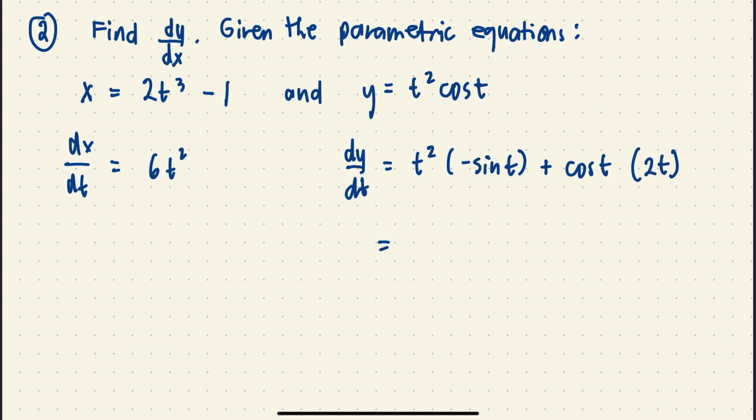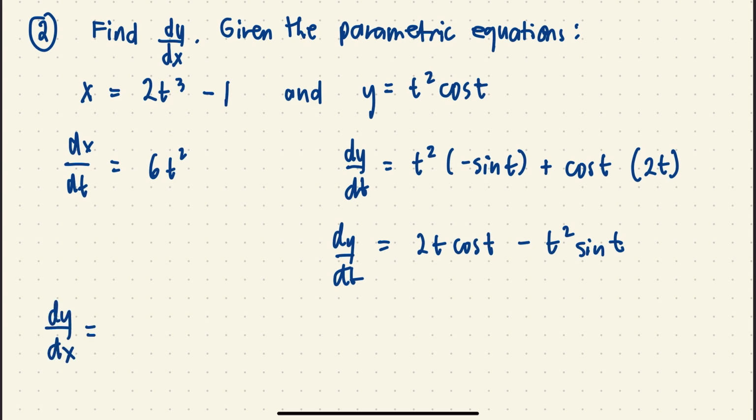So you combine: 2t cosine of t minus t squared sine t. So you get your dy over dx as 2t cos t minus t squared sine t all over 6t squared. You can factor out t and then cancel them out.